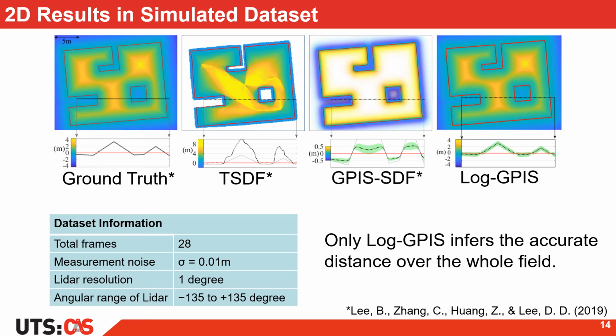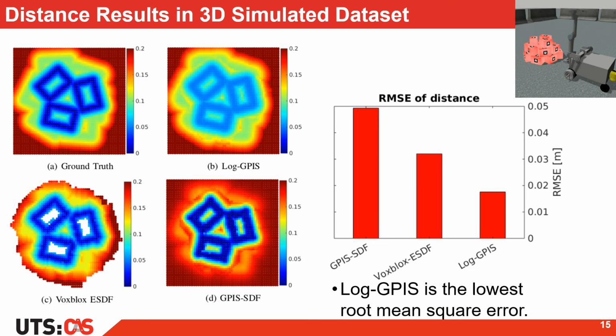Our approach does not contain signed distance information. However, we recover the sign of the log GPS by comparing the predicted gradient of each testing point with the sensor position. If the gradient is in the opposite direction of the sensor, we flip the sign of the distance value of the testing point.